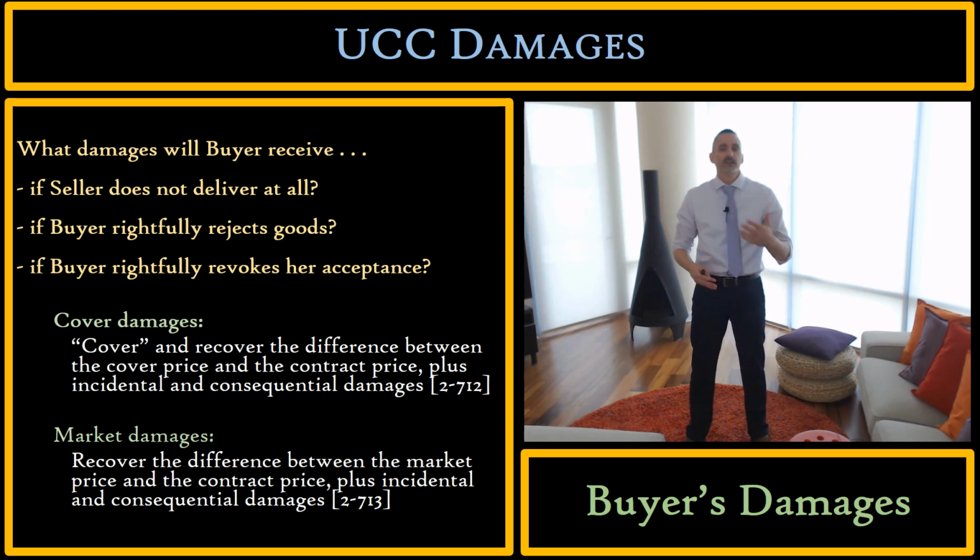Seller either doesn't deliver or delivers non-conforming goods for which buyer revokes her acceptance or rejects. Buyer then doesn't go out and cover, but if she had gone out and covered, it would have cost her $12,000 to cover. Those are market damages, and buyer would be entitled to $2,000.